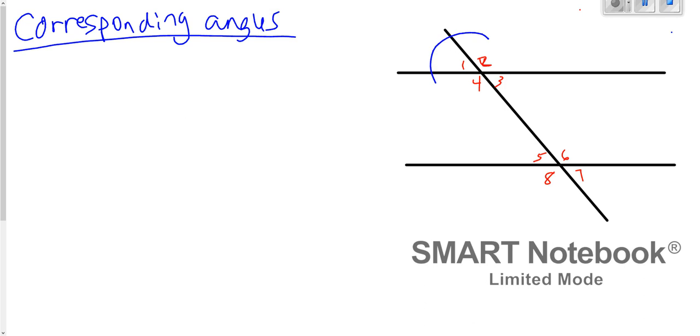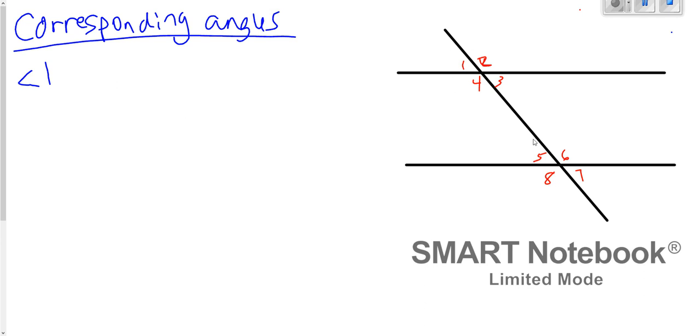So for example, if I look at these 4 angles, how would I describe where angle 1 is? Angle 1 is in the top left. Angle 2 is in the top right, and so forth. So now, if I look at the 4 angles at the bottom, which angle is also in the top left?